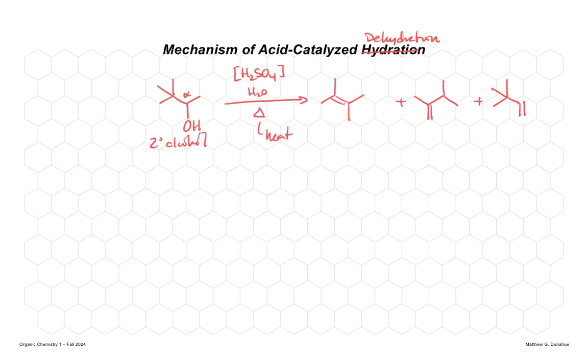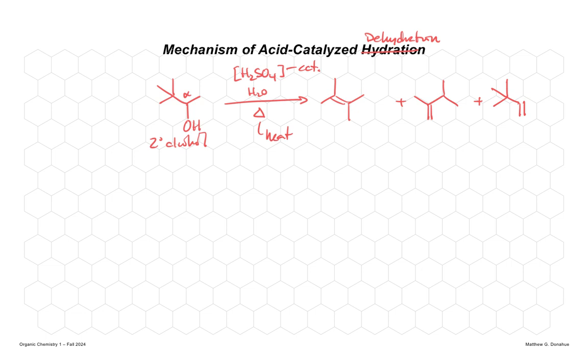And the square bracket just means catalyst. A catalyst is, again, something that will lower an energy barrier, allowing the reaction to take place at a lower temperature. And it's not incorporated into the product. So you don't see any of the elements of sulfuric acid in the product.